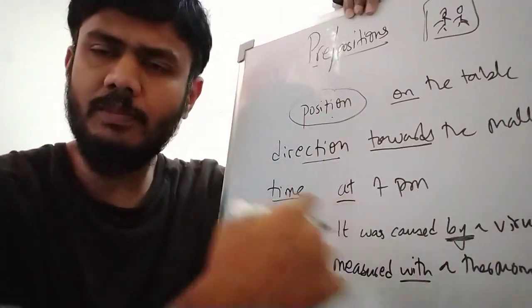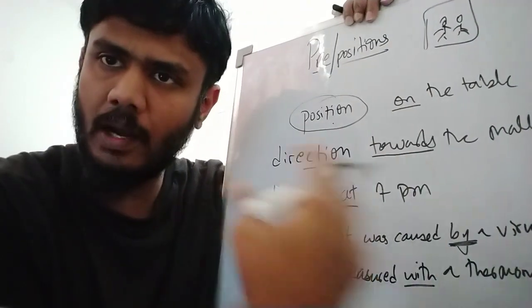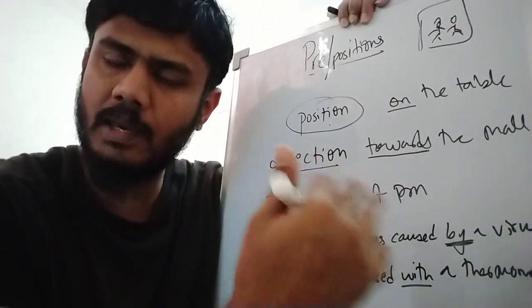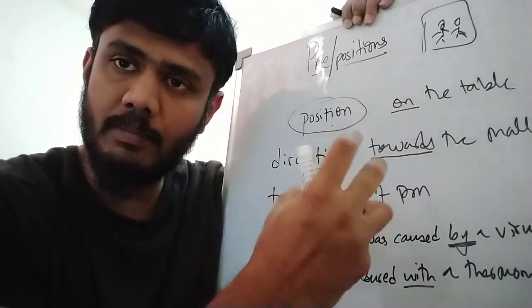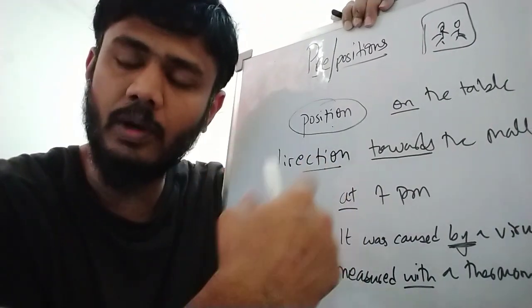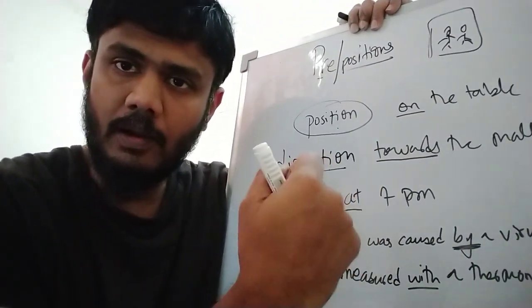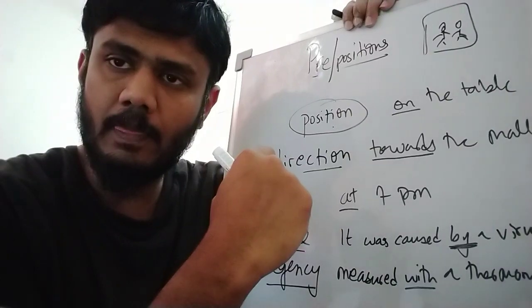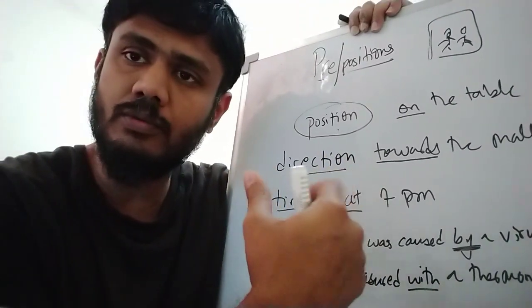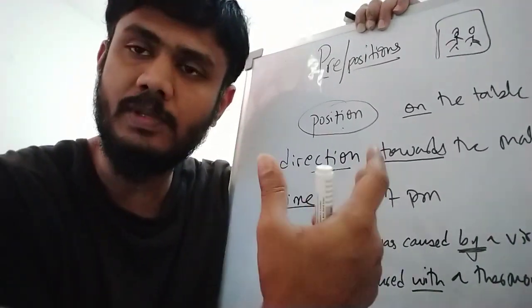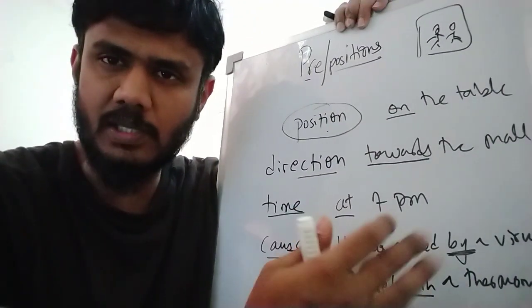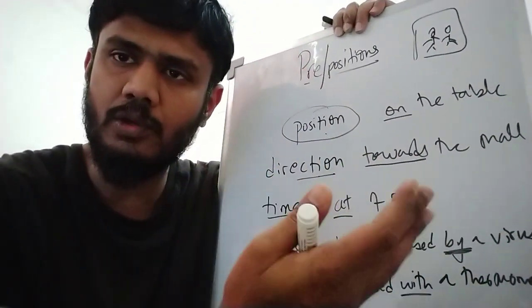So prepositions are more than 100 in English, and some of them come not just as a single word, but in phrases. So it's obviously very difficult to learn all prepositions, and there's nothing to be learned in prepositions. The whole thing is to get an idea of how they're used.